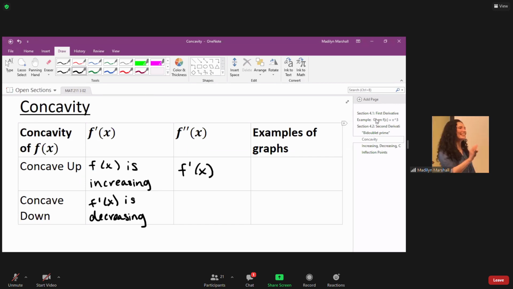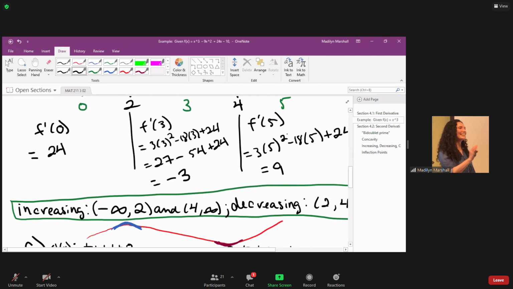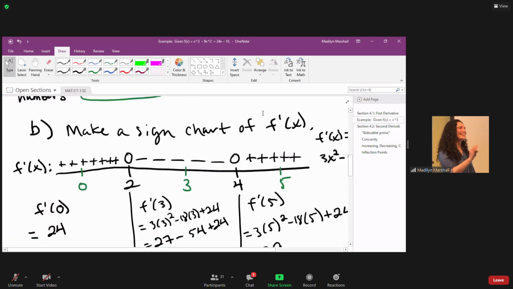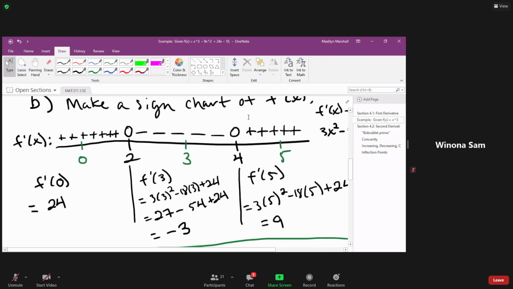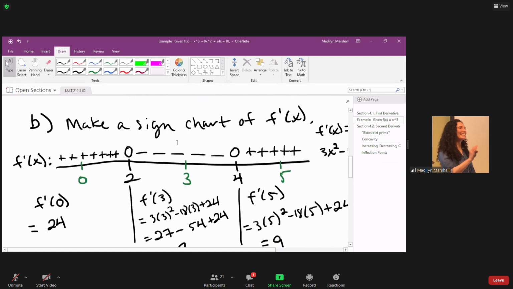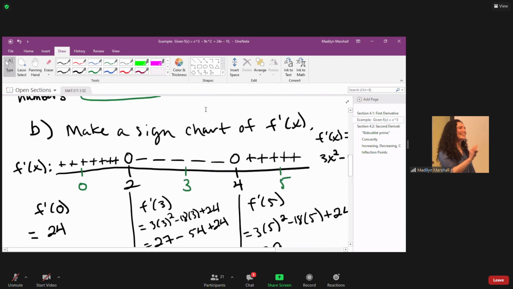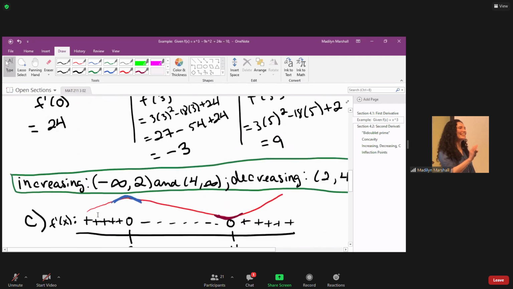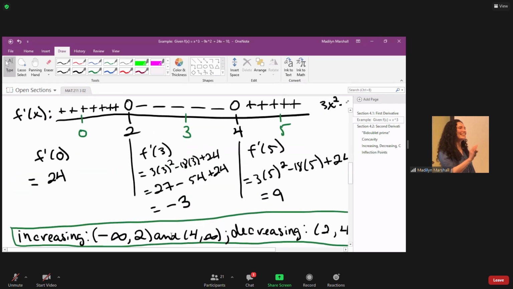So I'm going to go back for a second to our first problem. Is it the inverse? Not the inverse. So we were able to find that f is increasing on these intervals because the derivative, f prime, was positive there.